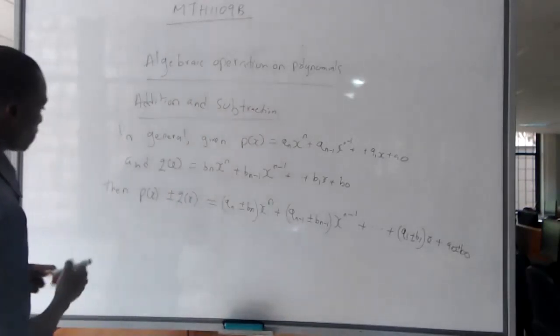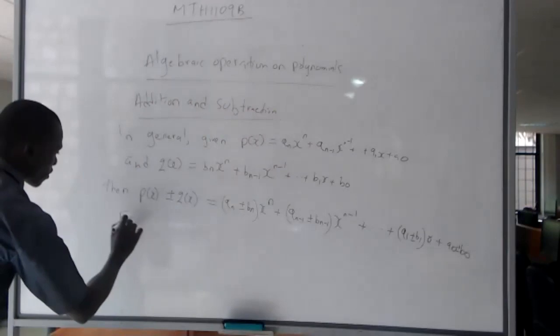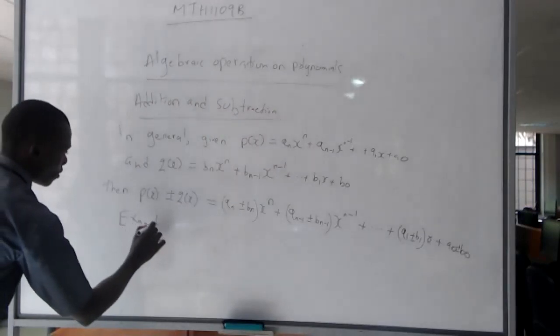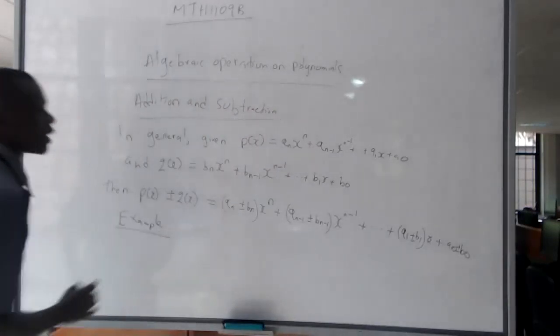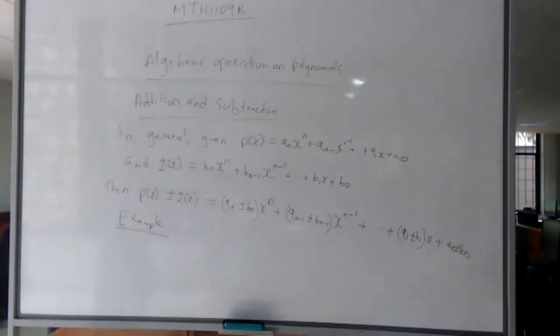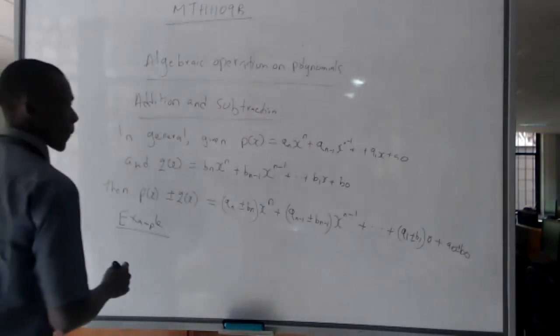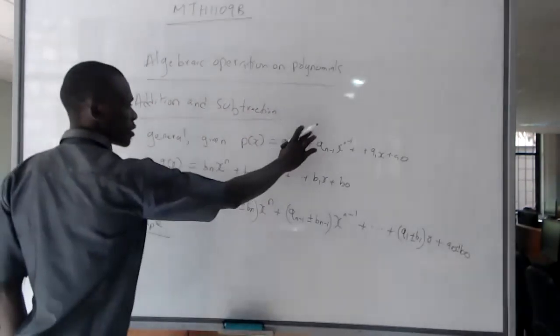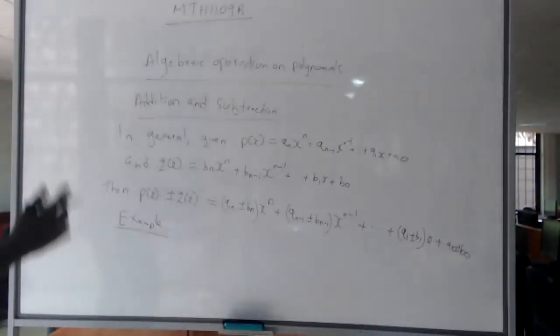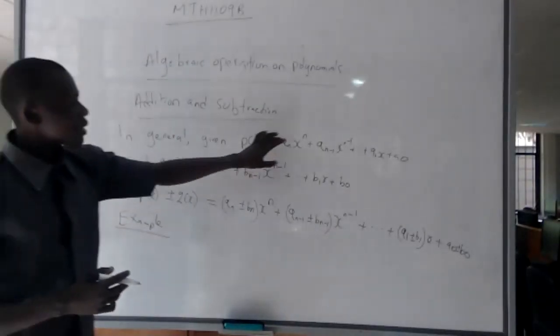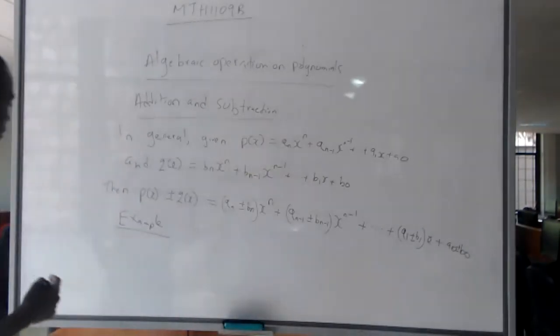Let me give an example. Is it the same as adding like terms? Yes, it's the same as adding like terms. But I want to refer to them as the terms that have the same exponent.